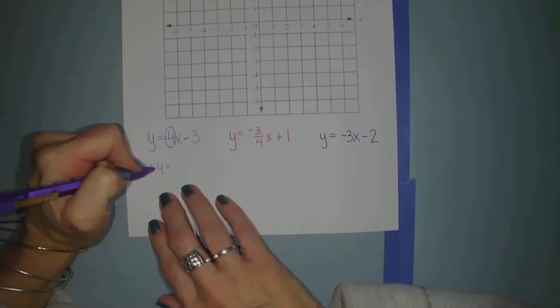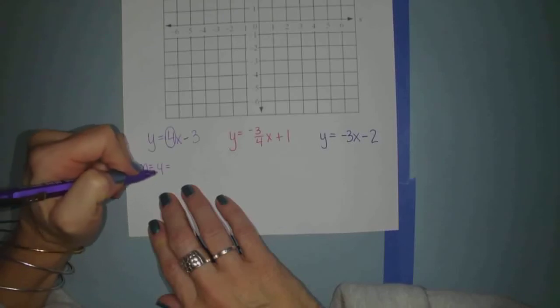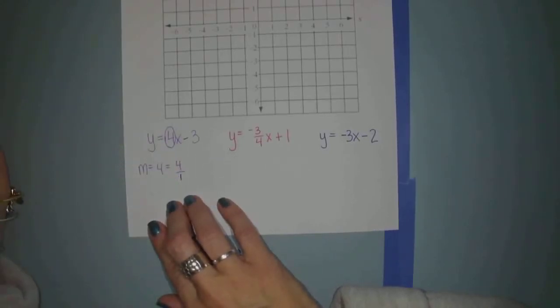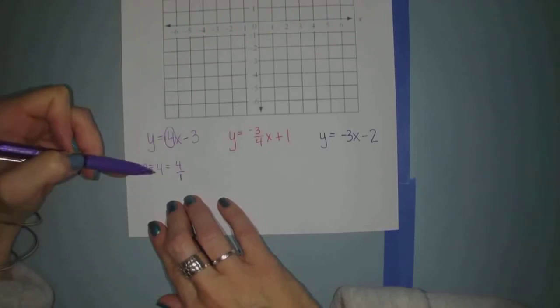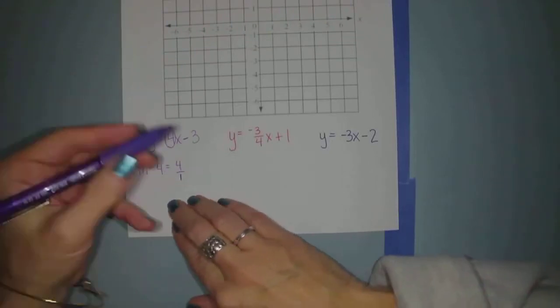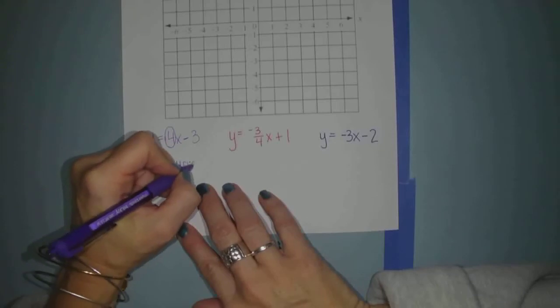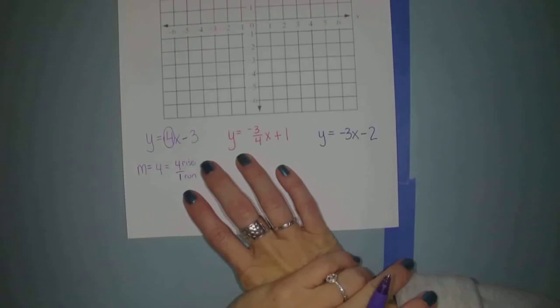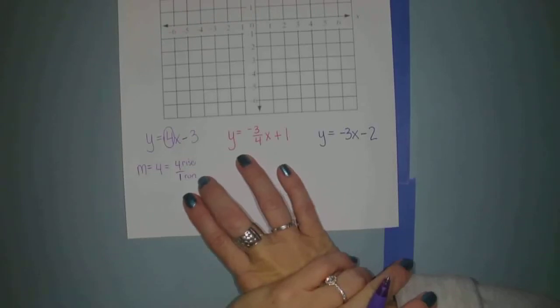And since it's just a whole number 4, it's not a fraction, you will just put your run as 1. So 4 divided by 1 is 4. So when we graph the rise and the run, that's how many will rise. That's going to be our change in y over change in x.